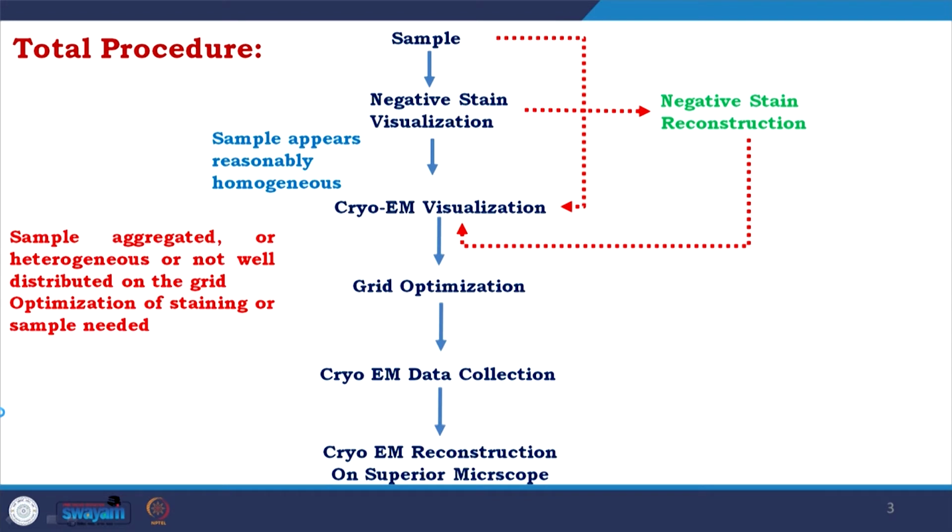If the sample is aggregated or heterogeneous or not well distributed on the grid, or you need optimization of staining or sample, then you have to stop here and again go to sample preparation. So, up to grid optimization, these are your checkpoints.